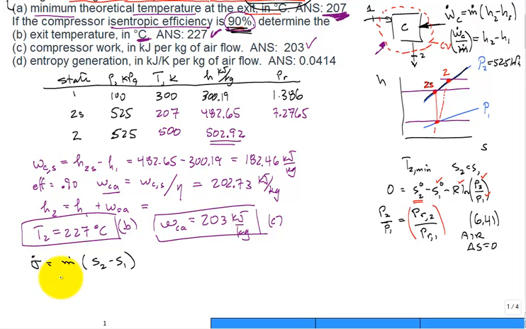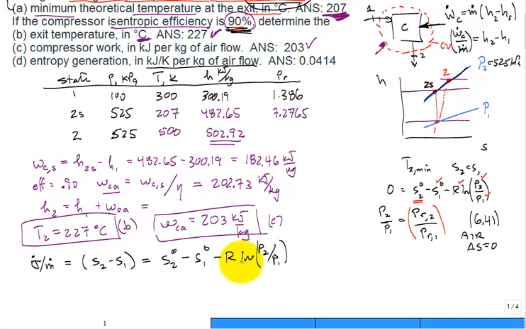If we're really looking to calculate sigma dot divided by m dot, because look at the units, it's per kilogram of airflow, it's just S2 minus S1. Well, here it's S2 naught minus S1 naught minus R natural log of P2 over P1.